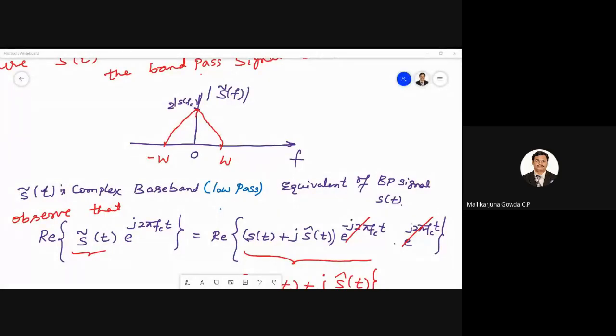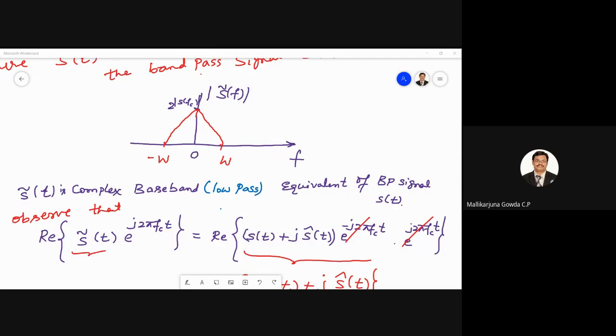That is the first and foremost requirement, or why we go for modulation. I hope I am clear. You can think of that example: if you take the low frequency signal and calculate the length of the antenna you require, and with respect to that, if you go for high frequency, then what is the size of the antenna?